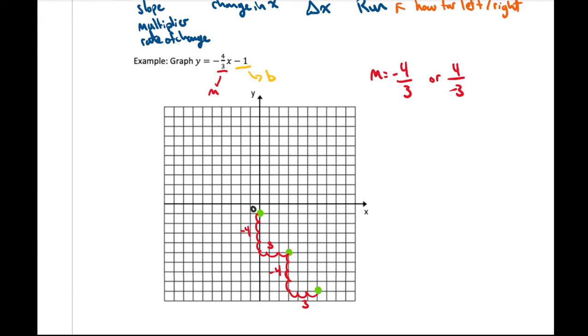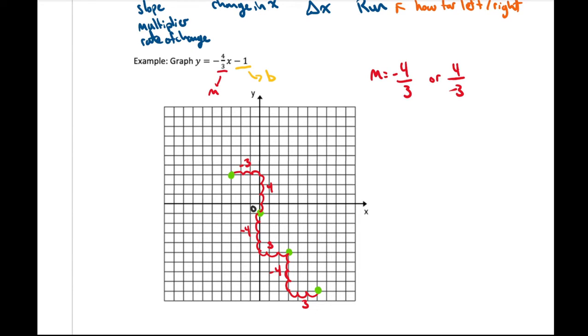That was using the negative on top and a positive on the bottom. If it was switched the other way, all that would mean is that I'm going up 4 now, 1, 2, 3, 4, and to the left 3, 1, 2, 3, which gives me a point in the other direction.